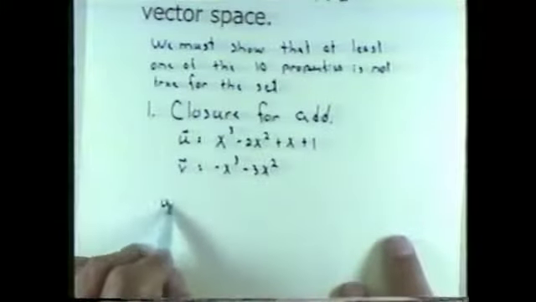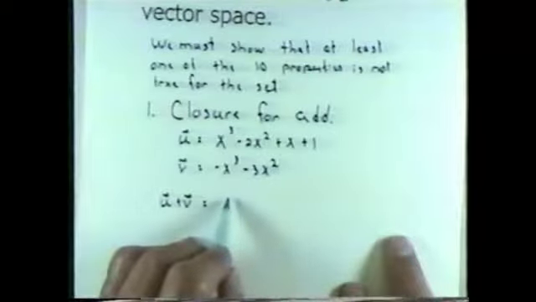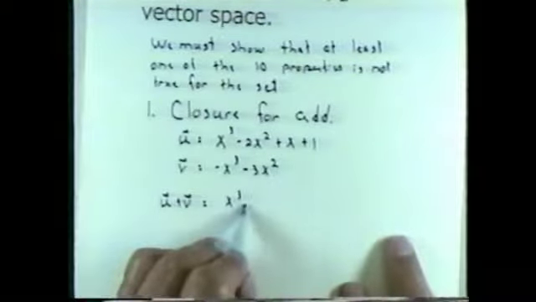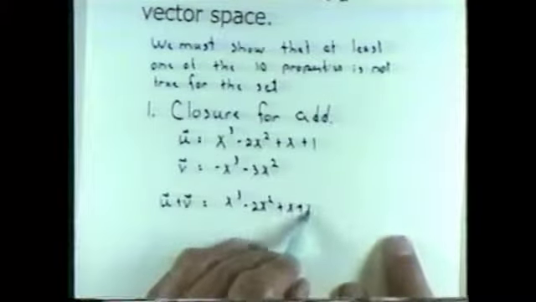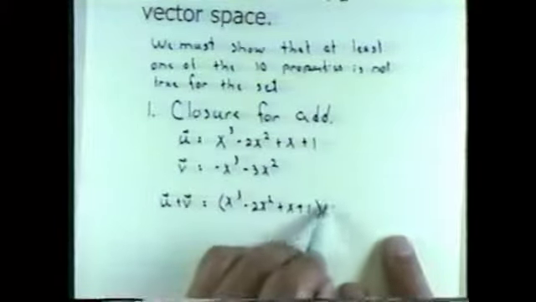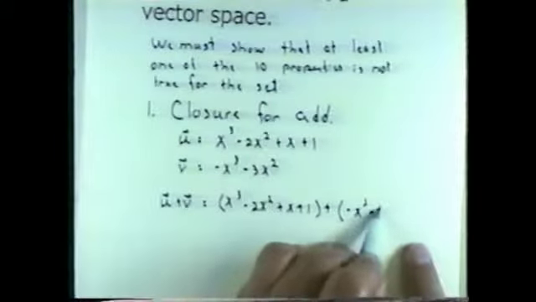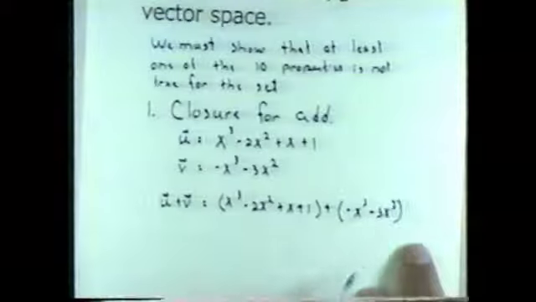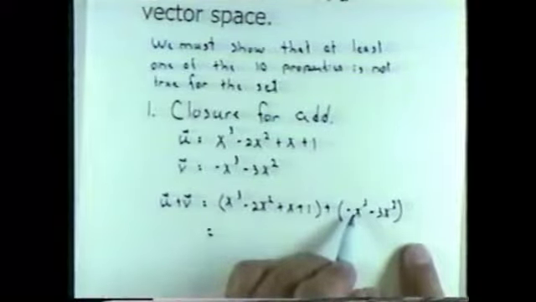So then u plus v will be x cubed minus 2x squared plus x plus 1 plus the opposite of x cubed minus 3x squared. X cubed and the opposite of x cubed gives 0.